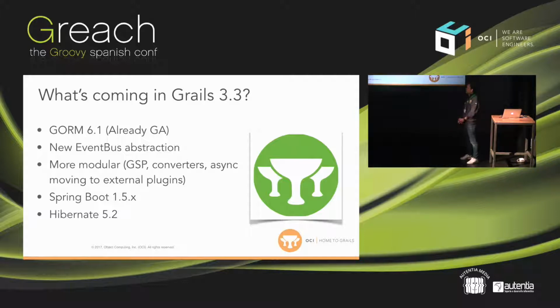We'll also be upgrading to Spring Boot 1.5.x. This is actually going to be the most challenging part of your upgrade when folks do upgrade to Grails 3.3, because Spring Boot 1.5.x deletes everything that they've deprecated. So there are some plugins out there that are still using deprecated Spring Boot classes, most notably any of the servlet or filter registration beans for the servlet part.